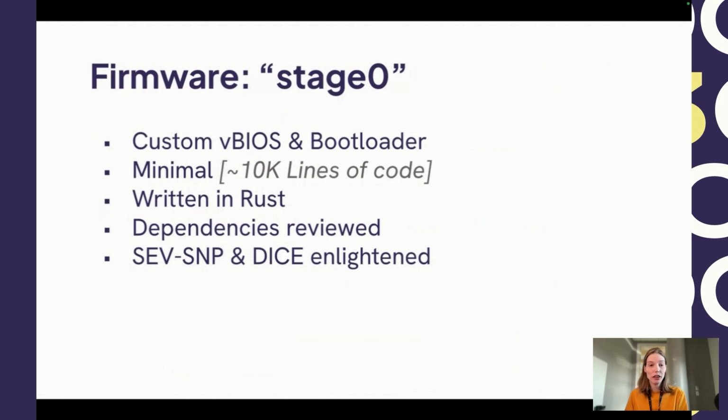It's written in Rust, and its dependencies are reviewed. It's enlightened for SEV-SNP and DICE. The goal is to keep the TCB as small as possible, to make it possible to make judgments about the VM.